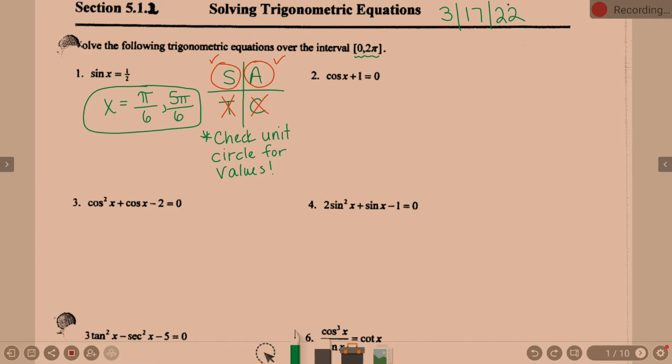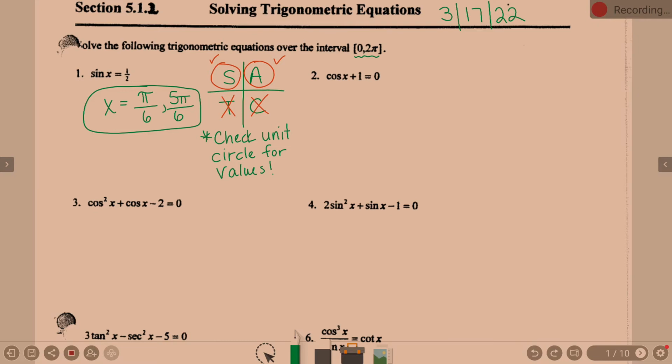Honestly, more often than not, you have 2 or more answers today. On occasion, you have 1 answer, but more often than not, you have 2 or more answers. So be prepared for that. Don't just get 1 answer and say, oh, got it, moving on. You're going to cost yourself a lot of points that way. Okay, questions I can explain on that one?